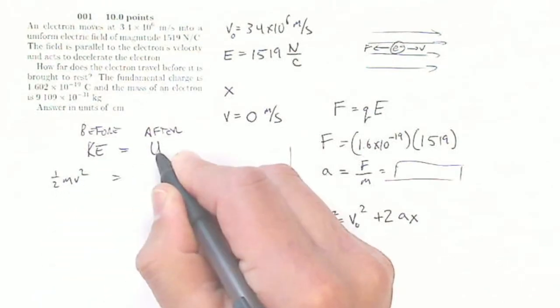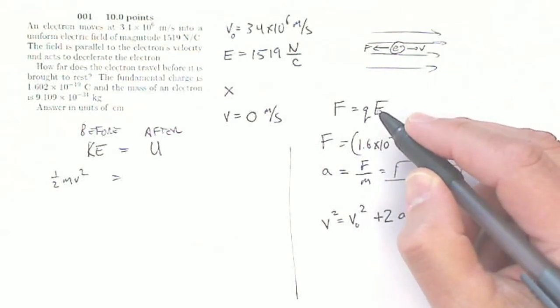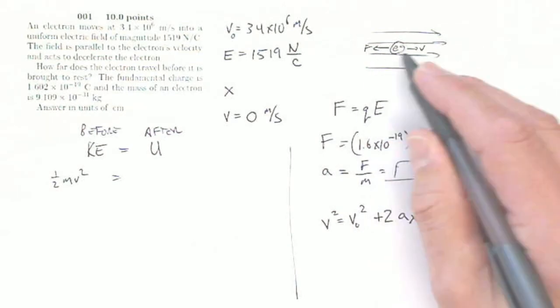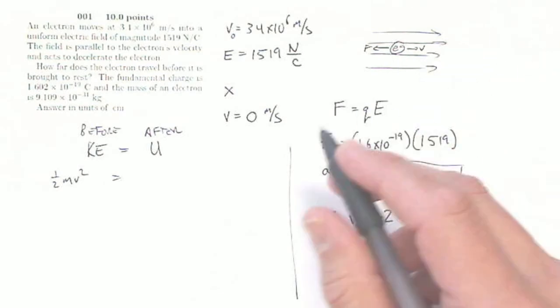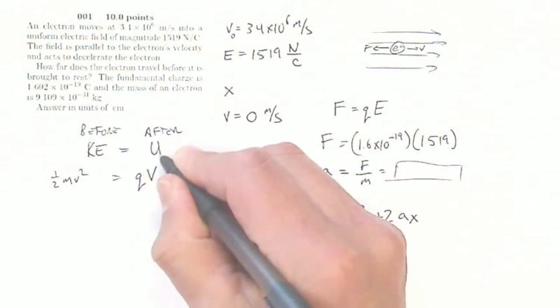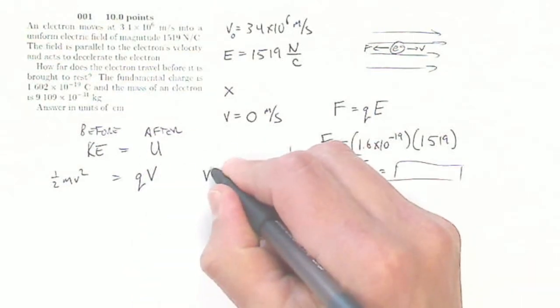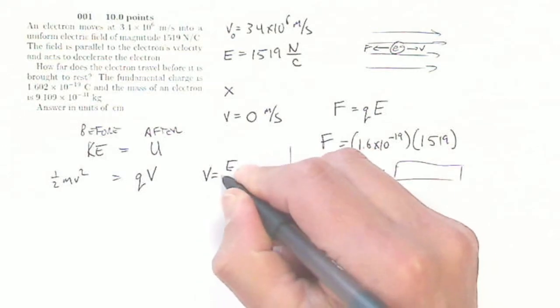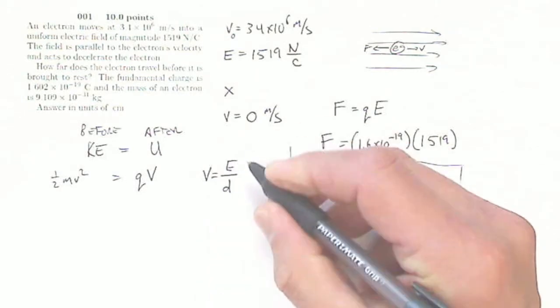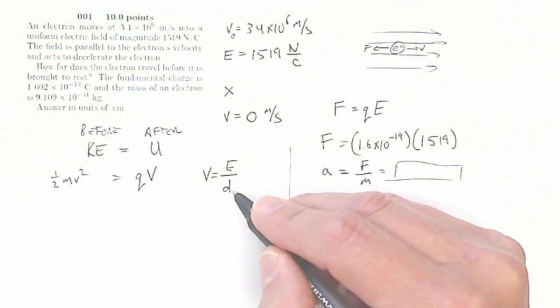My electron's potential energy is going to be based upon where that charge is in the voltage. So that is going to be QV, because that's what U is. But in order to get my voltage, I know that my voltage is going to be my electric field per distance. So it's going to be, nope, strike that.